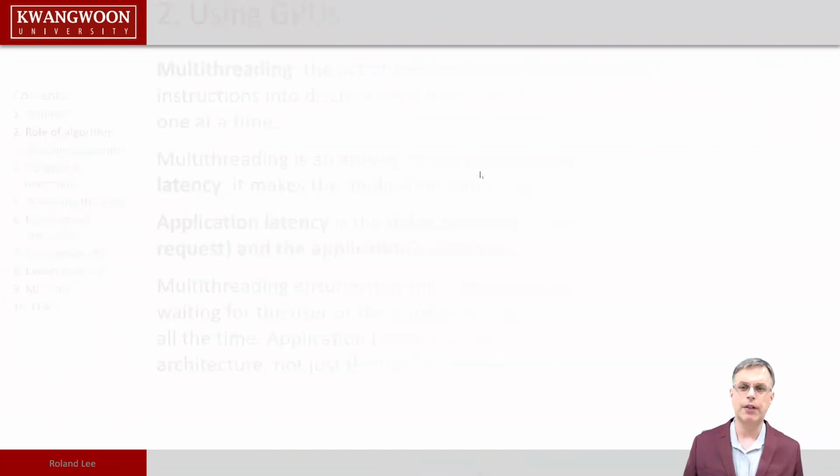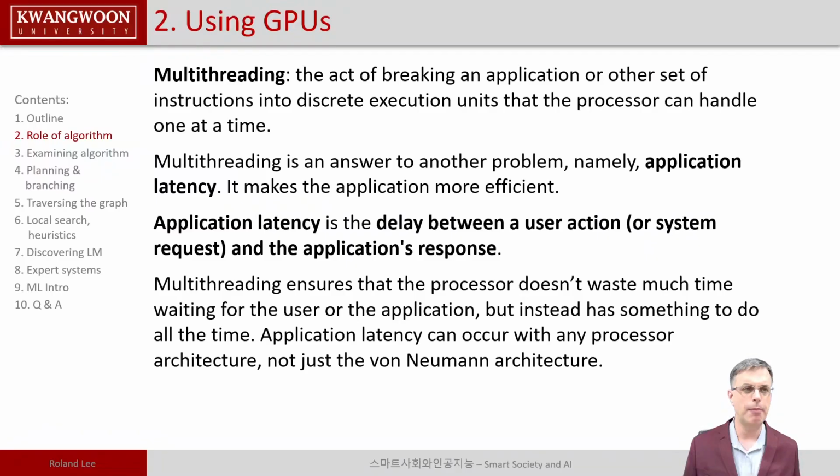As with many other areas of technology, hype can become a problem. For example, multithreading, the act of breaking an application or other set of instructions into discrete execution units that the processor can handle one at a time, is often touted as a means to overcome the von Neumann bottleneck, but it doesn't actually help the bottleneck.